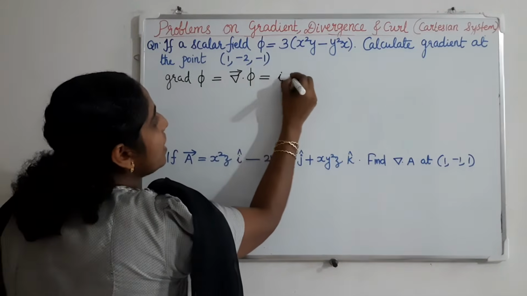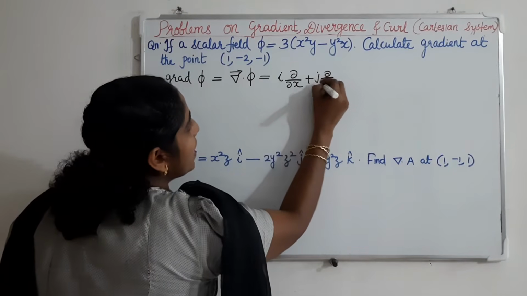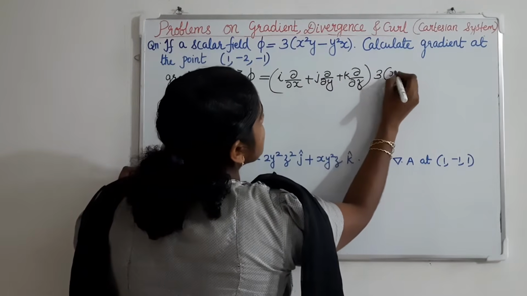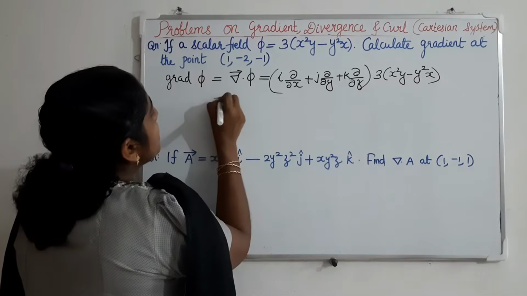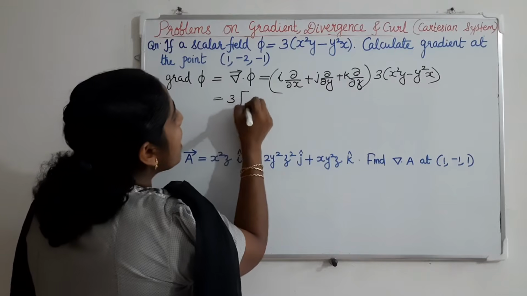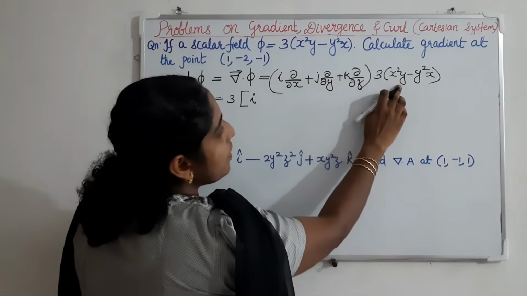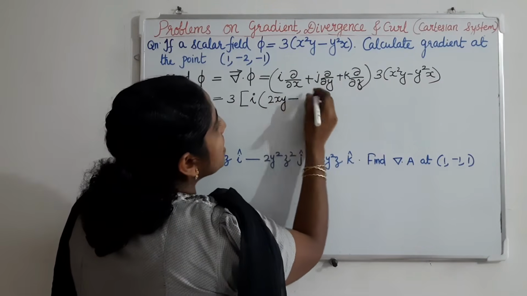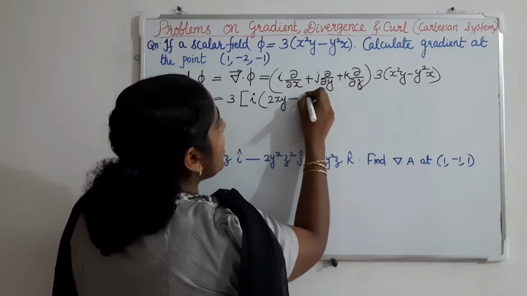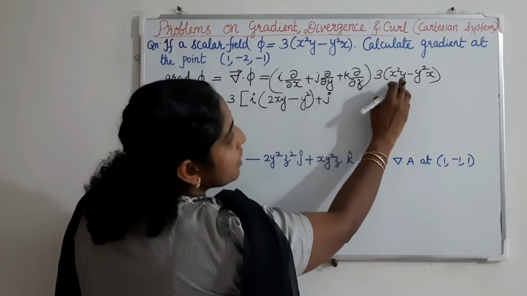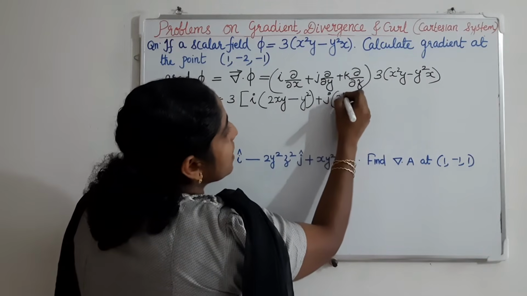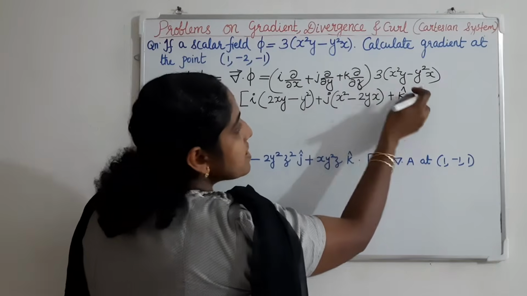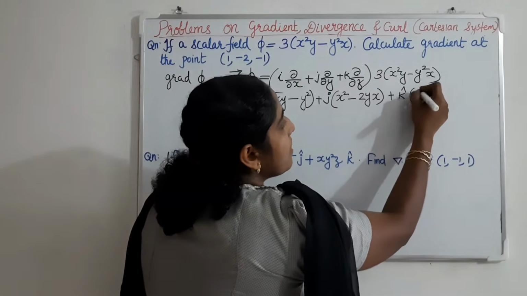That is equal to i ∂/∂x plus j ∂/∂y plus k ∂/∂z, acting on the function 3(x²y − y²x). 3 is the constant that we can take outside. i times ∂/∂x of (x²y − y²x). When acting on x²y, this is 2xy, minus the partial derivative of y²x, which is y², plus j times ∂/∂y of this: x² minus 2yx, plus k times ∂/∂z. There is no z component in this function, so the k component is 0.